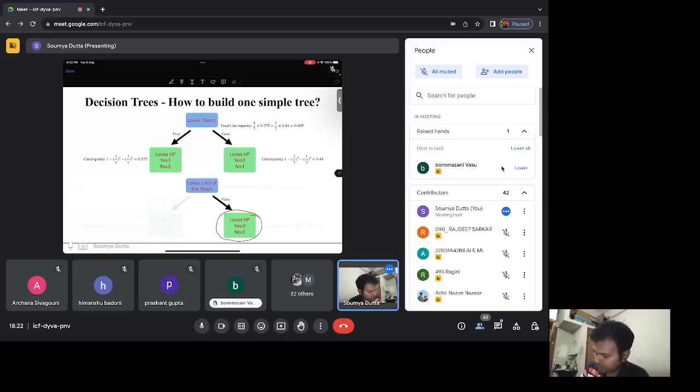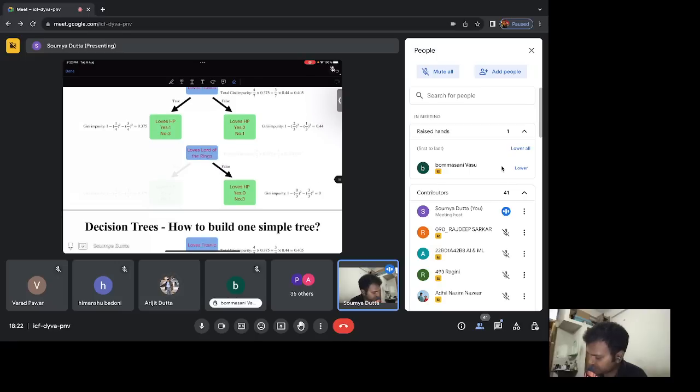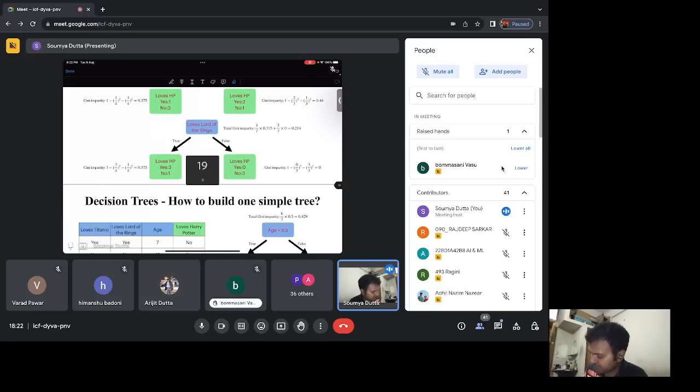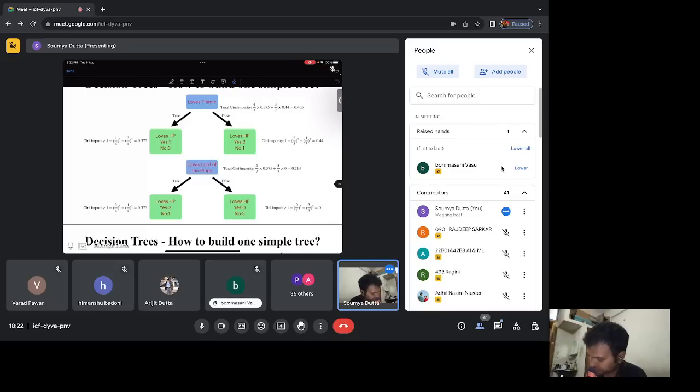The formula would give 0. Yeah, correct. So this would be 0, right? So the Gini impurity of this would become 0, and similarly the Gini impurity of this one would become 1 minus 3 by 4 whole square and something. So if you take the total Gini impurity, this would be 0.214.